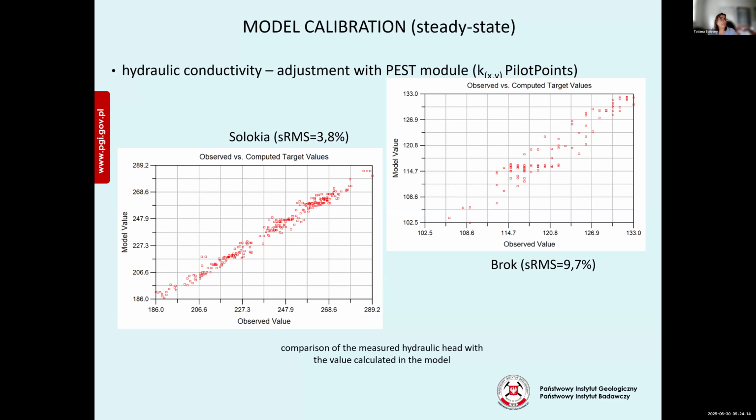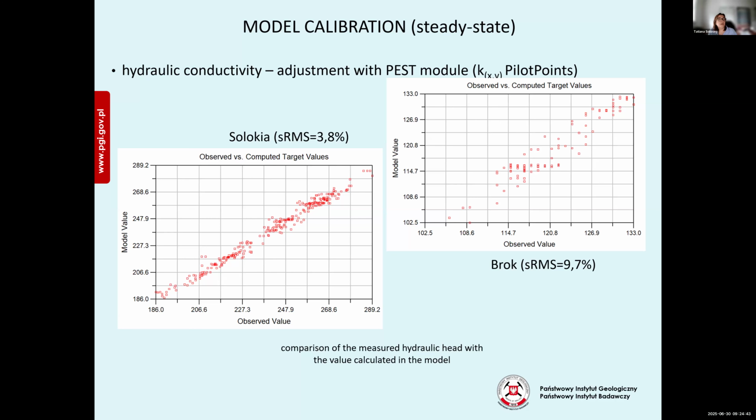The process utilized data from over 300 hydrogeological boreholes in the Solokia catchment and over 100 in the Brock. As can be seen, the calibration results can be considered satisfactory.